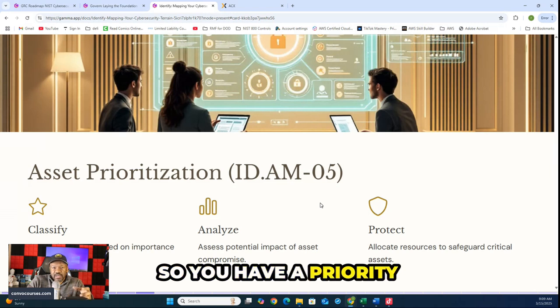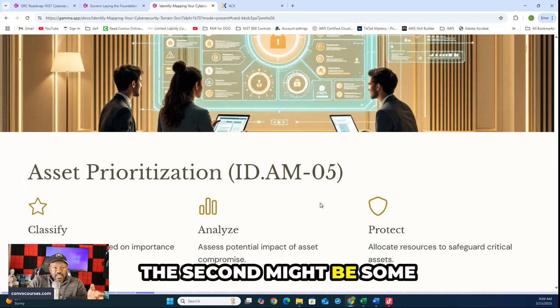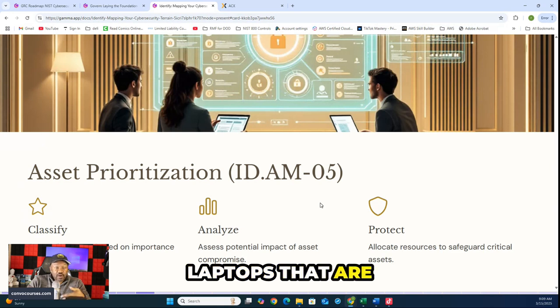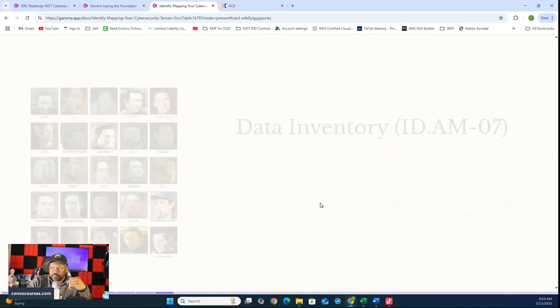So you have a priority of assets. The most important are, of course, the servers with critical information on them. The second might be some laptops that are absolutely mission essential for people to actually access that information. So you have different priorities of those assets as you're identifying them.